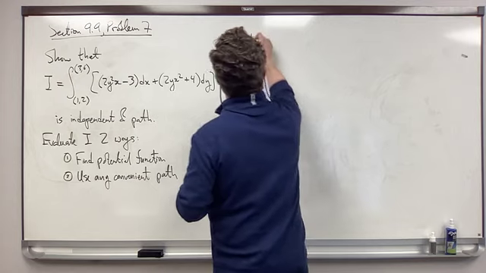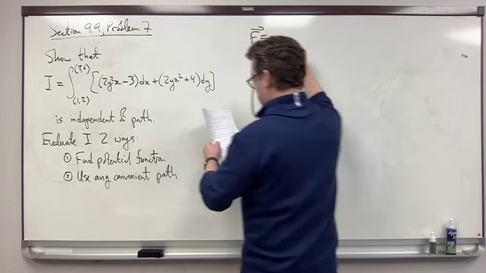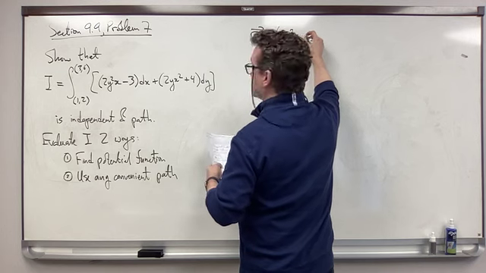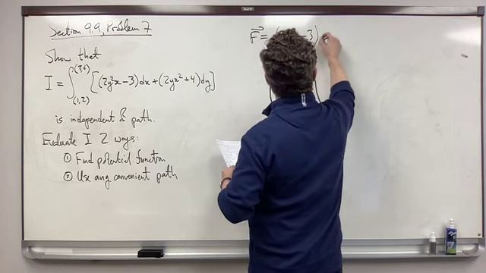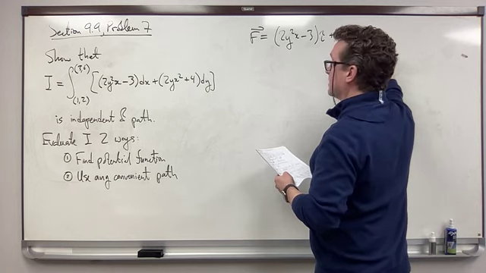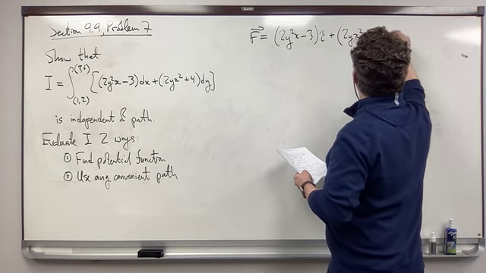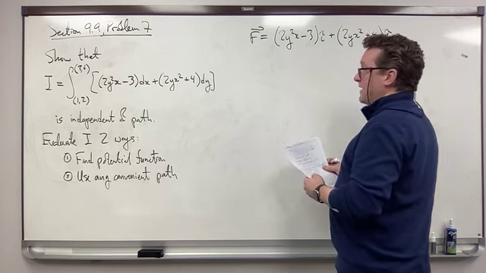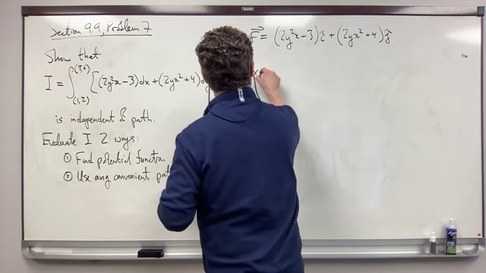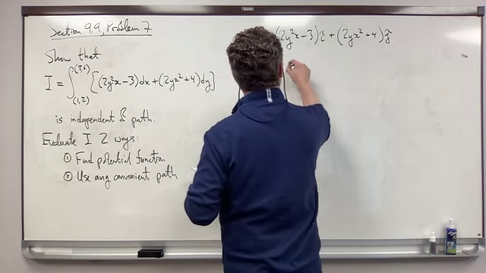So I've got a vector field here, F equals (2y squared x minus 3) i plus (2y x squared plus 4) j. And now the question of whether that integral is independent of path is the same as asking is the curl of F 0.